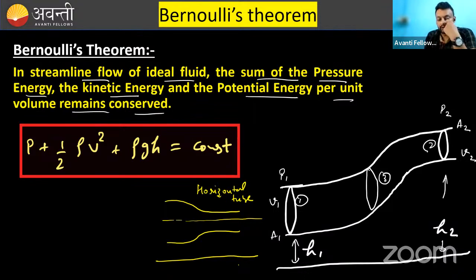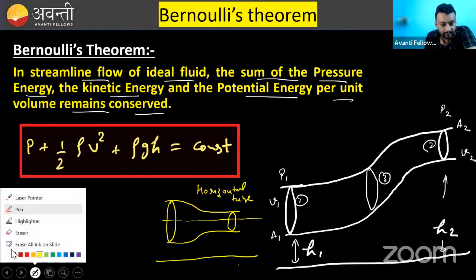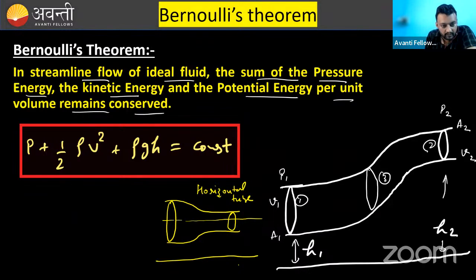That means the potential energy of both sides will be the same. At this cross section area, potential energy is rho gh, and at this cross section area, potential energy is rho gh. So both sides potential energy will be the same. So it will be cancelled, and what will remain is P plus half rho V square is equal to constant.